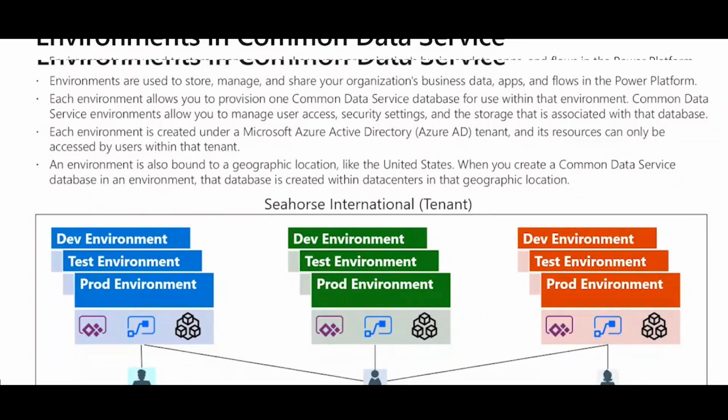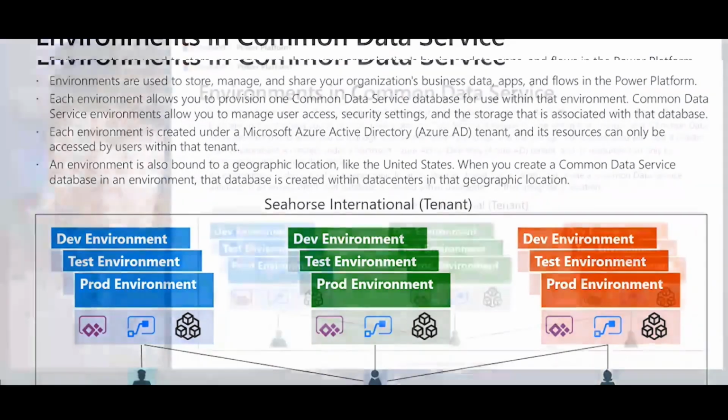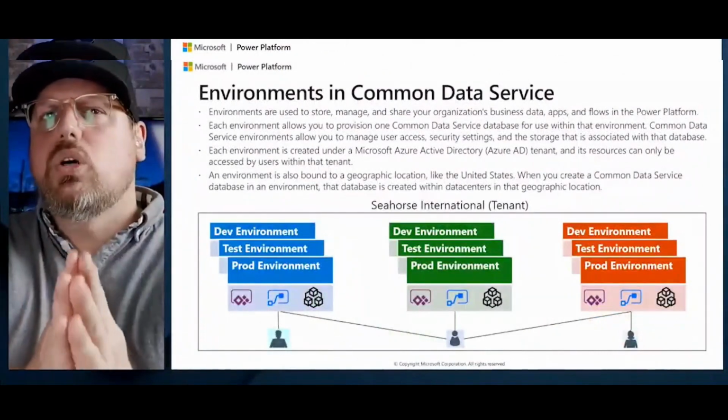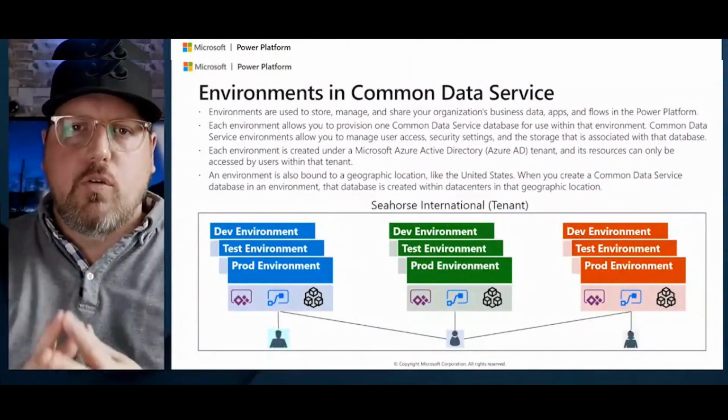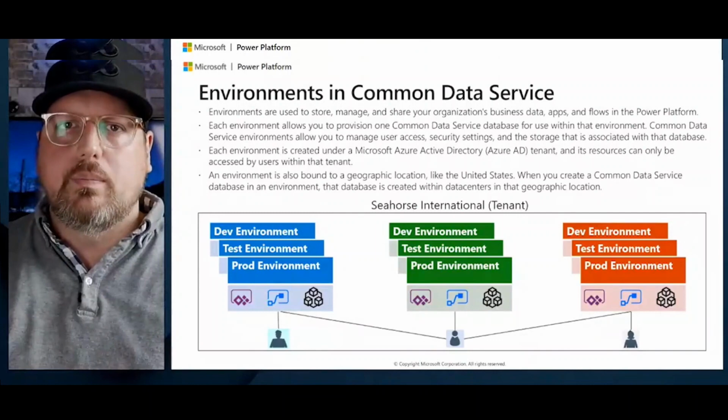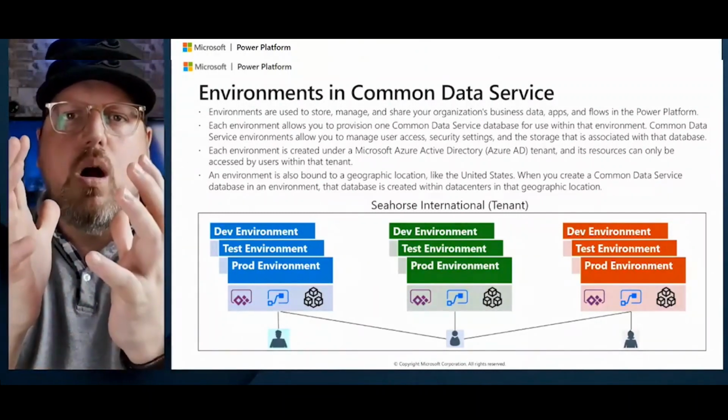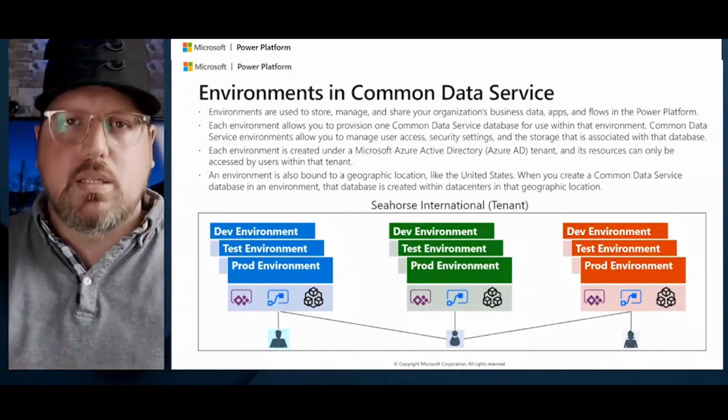When you create a common data service database in an environment, that database is created within data centers in that geographic location. And the reason you would want to use different geos for your environments are the following. Think of it if you are, let's say, Contoso Americas, right?